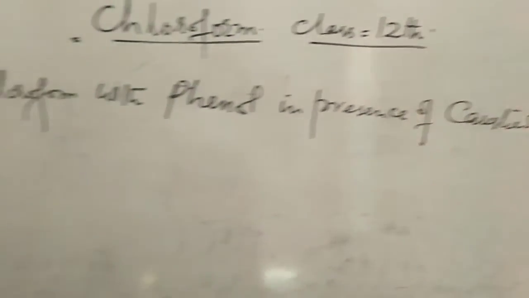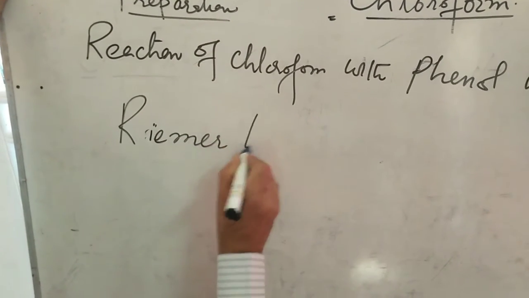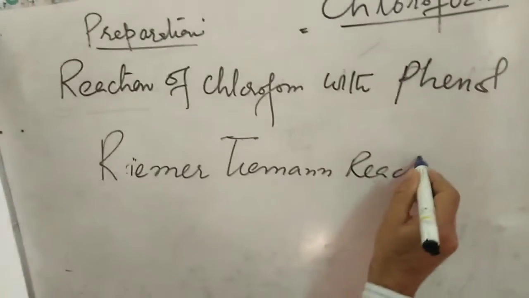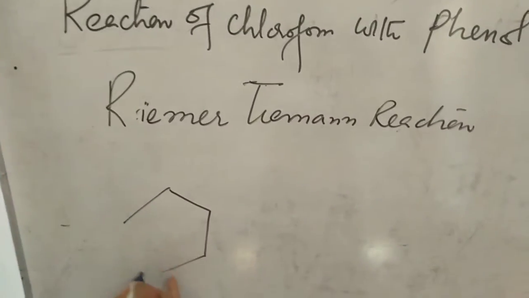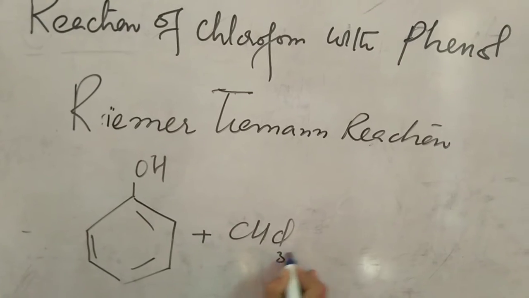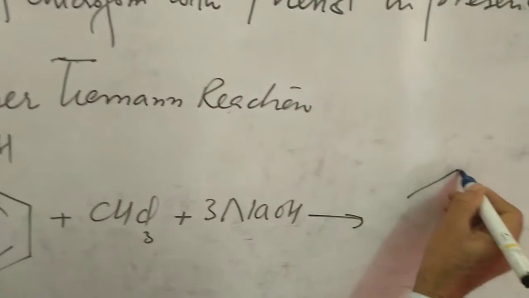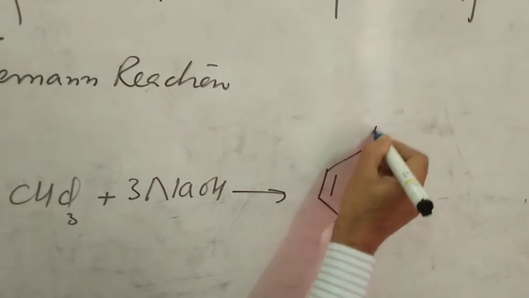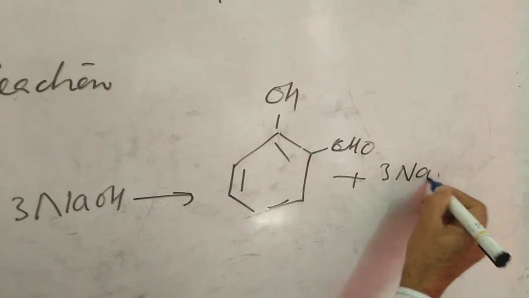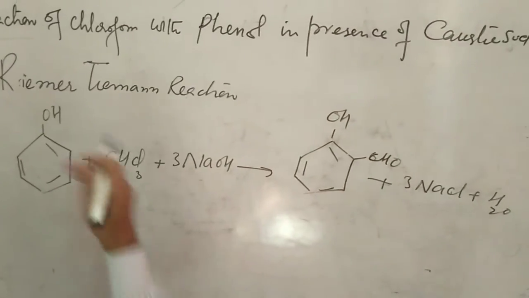This reaction is called Reimer-Tiemann reaction. फिनॉल को हम लेते हैं, it gives salicylaldehyde.